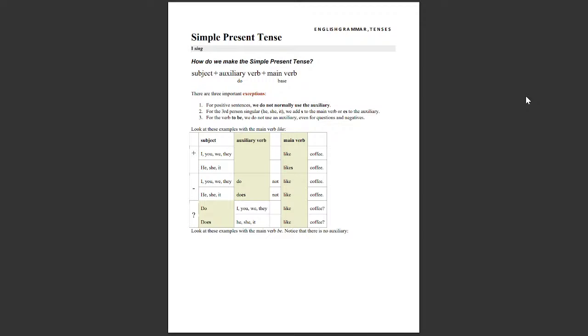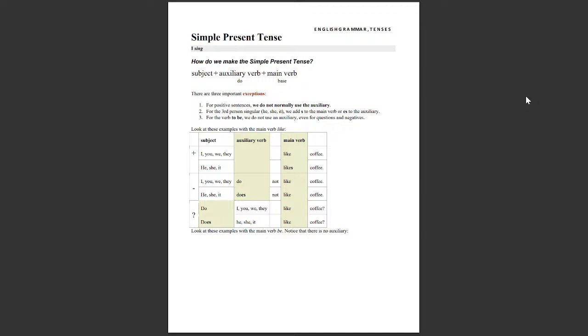If you carefully observe this equation, you will definitely get the simple present tense. So how do we make the simple present tense? See here: subject plus auxiliary verb. Auxiliary verbs are like do. Here I have already given you the example. Plus the main verb. The main verb is the base form.